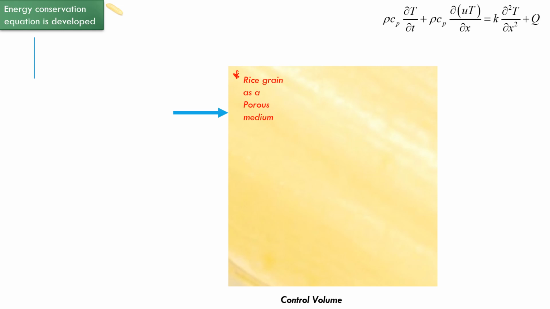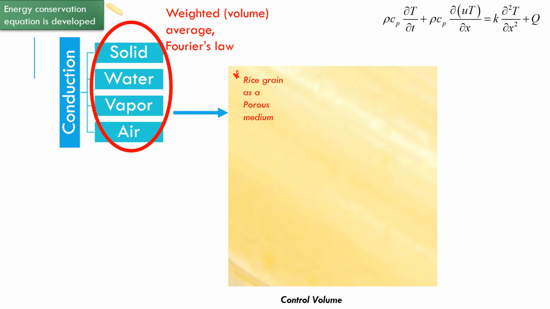So first, we think of heat conduction. Heat conduction, of course, happens through the solid, the water phase, vapor phase, and air phase. So we include this as a volume averaged thermal conductivity.